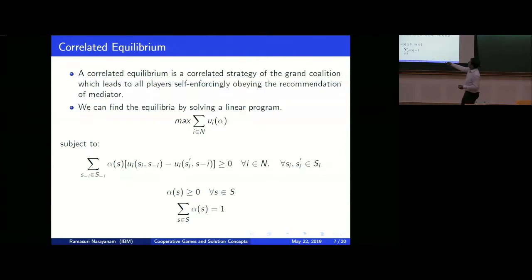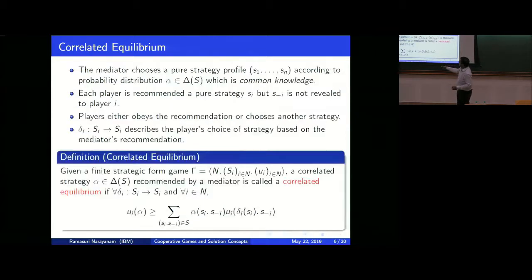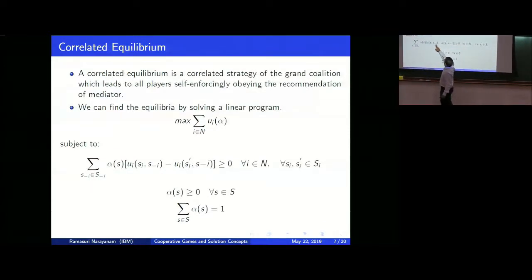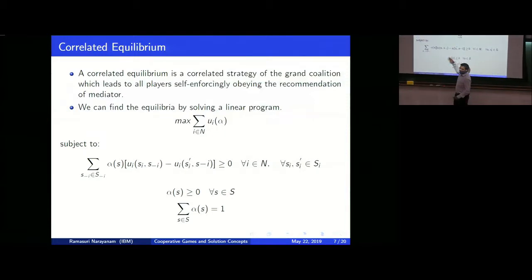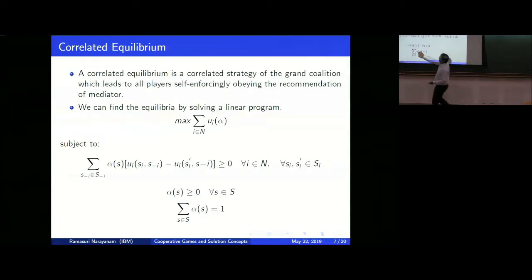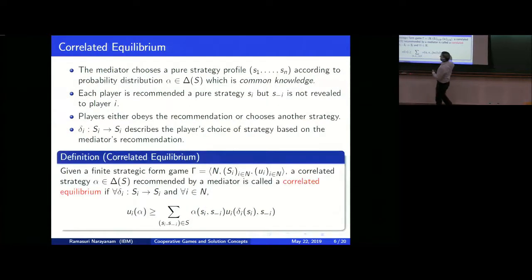This constraint is just a reformulation of the same condition. If you see carefully, it's nothing more than that. If I use Si versus Si prime, this Si prime comes from that delta i function. The difference between these utilities should be greater than 0. This is the utility the player gets using the correlated strategy, and this is the utility the player gets using the deviation.